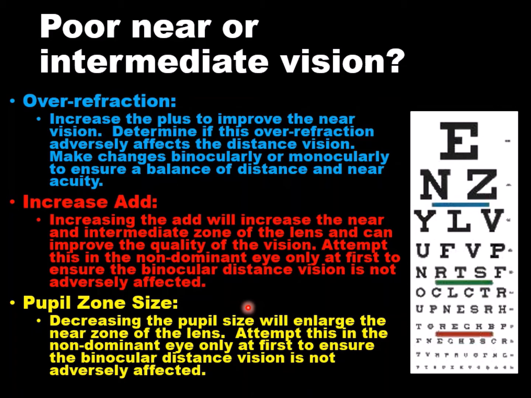So if, for instance, we've calculated the lens with too large a pupil size, and we actually have a smaller pupil, we wouldn't be distributing the add within the appropriate size to provide the multifocality. Again, with the near and intermediate vision, centration is key to provide simultaneous vision. Then if we need to push more plus or increase the add or decrease the pupil size, we have numerous options.